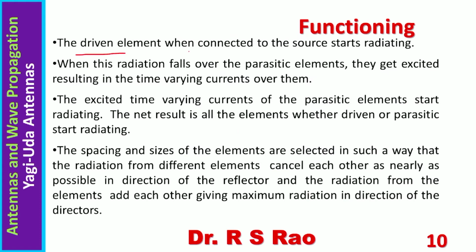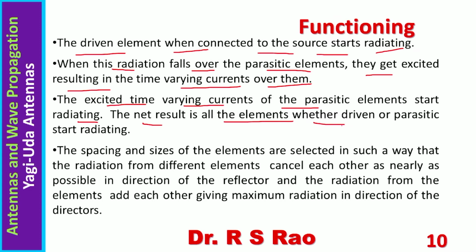Functioning. The driven element, when connected to the source, starts radiating. When this radiation falls over the parasitic elements, they get excited, resulting in time varying currents over them. The excited time varying currents of the parasitic elements start radiating. The net result is all the elements, whether driven or parasitic, start radiating.